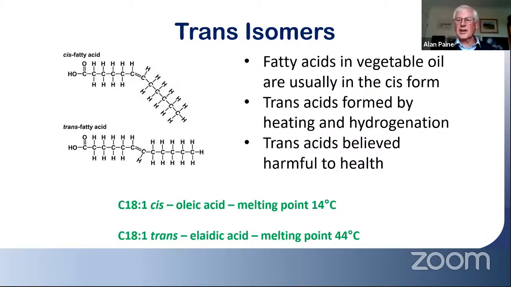For instance, oleic acid, which has 18 carbon atoms and one double bond, which is C18:1, in the cis configuration, has a melting point of 14 degrees Celsius, whereas elaidic acid, containing a trans double bond but otherwise exactly the same, has a melting point of 44 degrees Celsius. Trans acids with their higher melting points make high melting point fats, which have similar properties to saturated fats and are therefore thought to be damaging to the health.